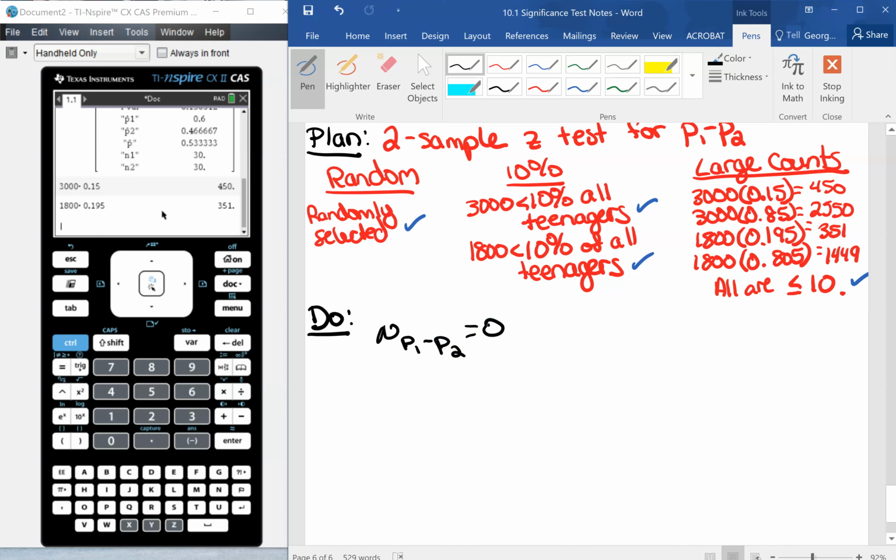We need to find our pooled proportion, so that's P hat C, and that's the number of successes for each one on top over both sample sizes added together. There were 450 successes from the first one, 351 successes from the second, and that's going to be over 3,000 plus 1,800. When we add those together, we're going to end up with 801 over 4,800.